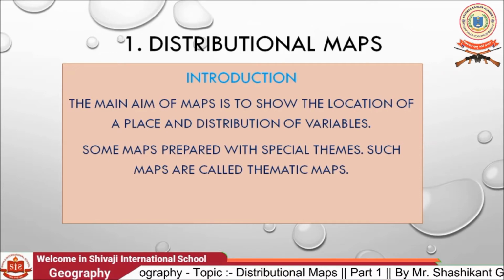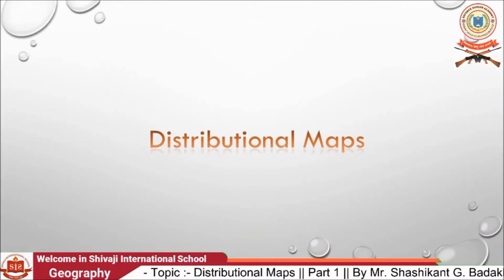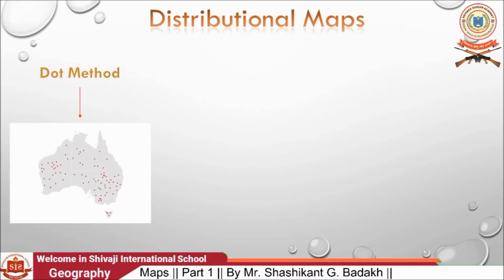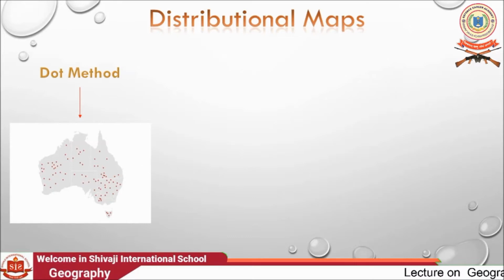So, students, we can divide this distribution map into three types. One of them is the dot method, where we can show these variables by dots. Here we are using the dot to show the distribution of population or distribution of cattle, or like that.